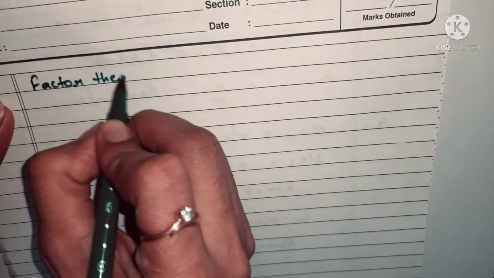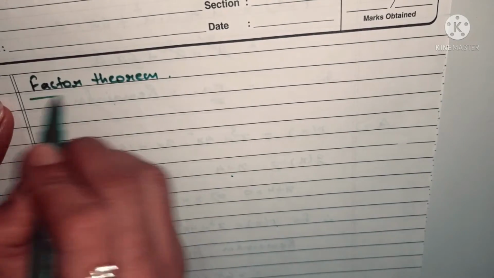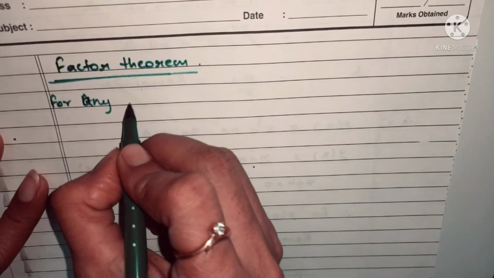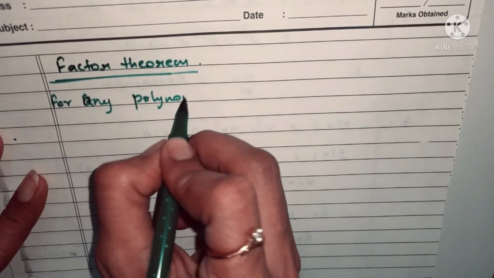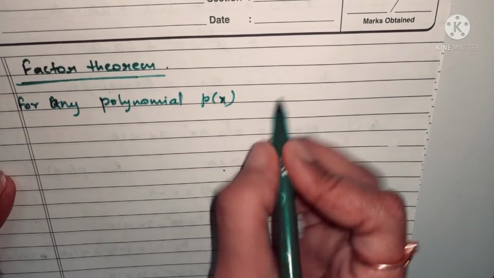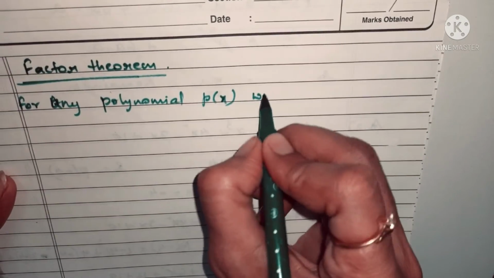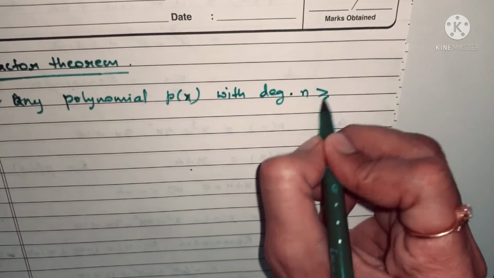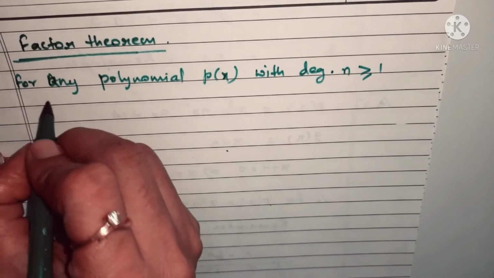So we are going to start here with factor theorem. Now what is factor theorem? See, when we talk about a factor theorem, then for any polynomial p(x), say you are having any polynomial p(x) with degree n greater than or equal to 1, there exists a real number.